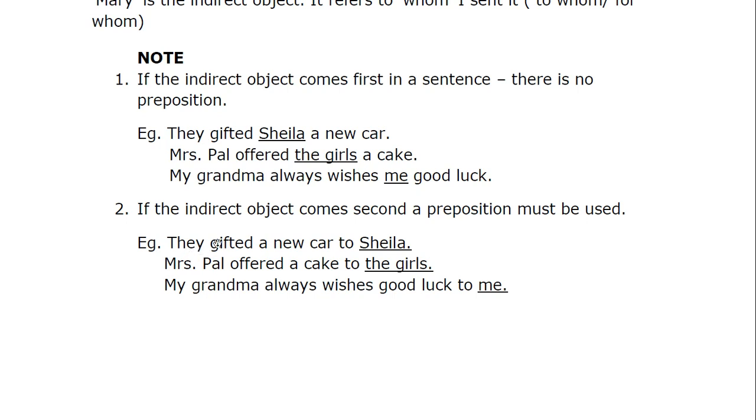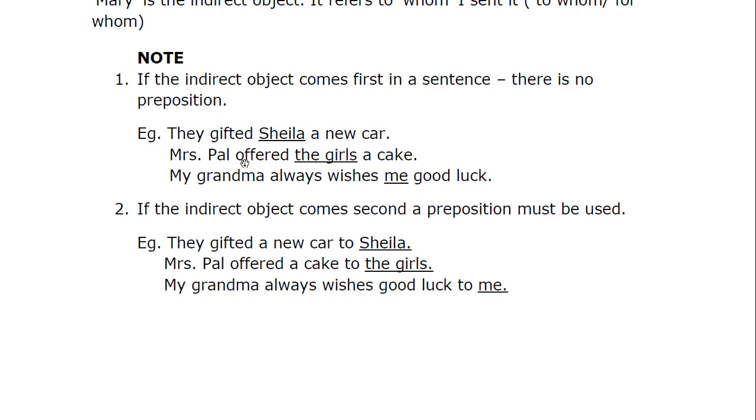See, they gifted, same action. They gifted a new car. So where is your indirect object? Here, after the direct object. This is indirect, it is after the direct object. Correct? So that is why you have to add a preposition. They gifted a new car to Sheila.